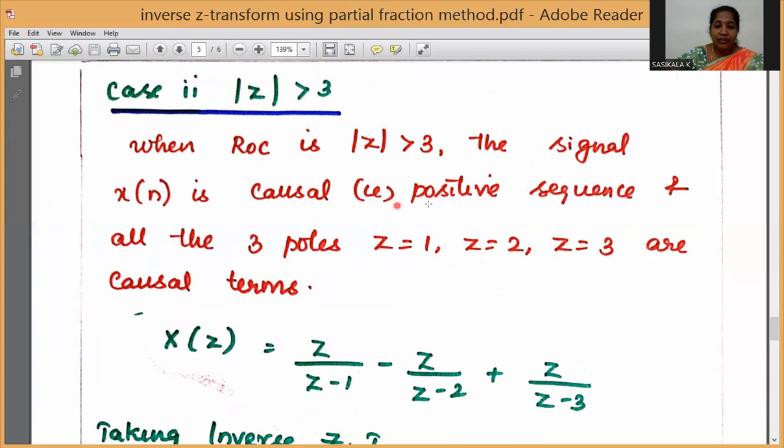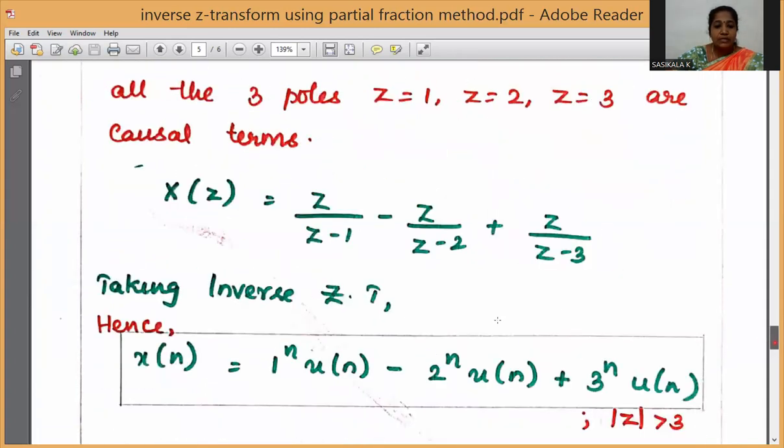So the signal x(n) is a causal or positive sequence. And here we have three poles. What are they? z equal to 1, z equal to 2 and z equal to 3. These three poles are less than 3. Okay, so all these three terms are causal terms.